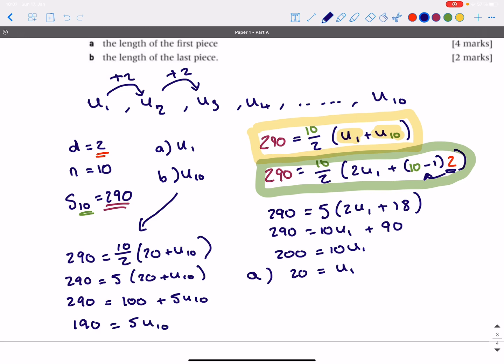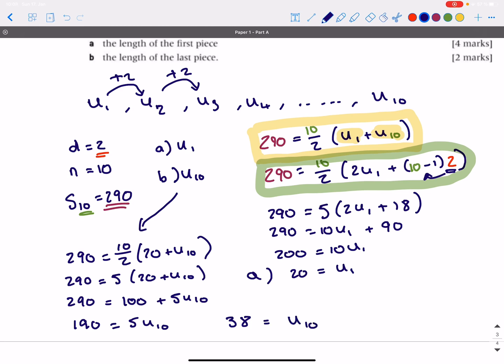And if I divide 190 by 5, I am going to get 19 times 2, which is 38. So 38 equals u10.